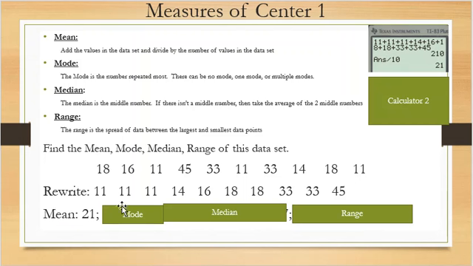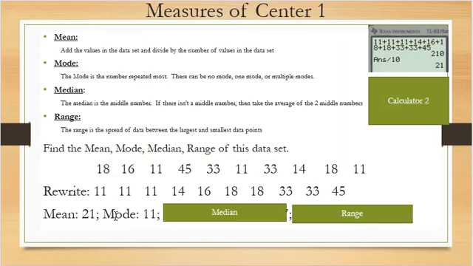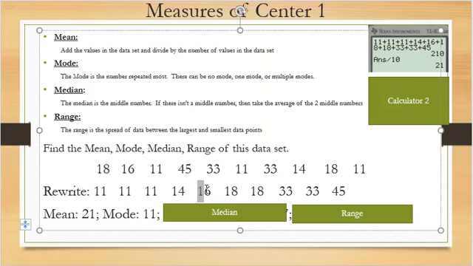For my mode, you're going to look at the number that occurs most frequently. And in this situation, we've got 11. So that's going to be our mode. For your median, in this data set we have 10 values. So what we're going to do is take those two middle numbers, add them together and divide by 2.